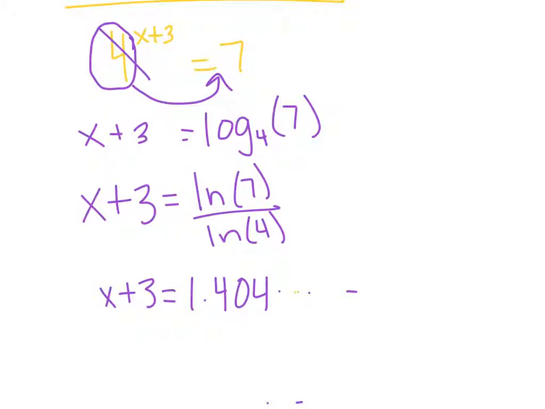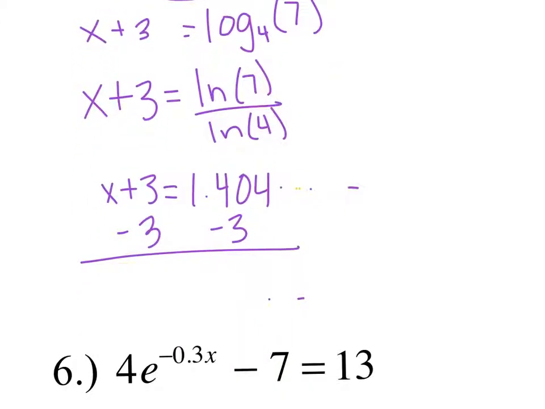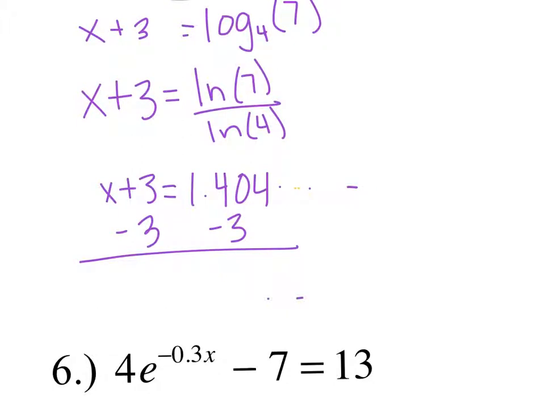What's the last step to solve for x? You just subtract 3 from both sides. So 1.404 minus 3, x would be equal to around negative 1.596.